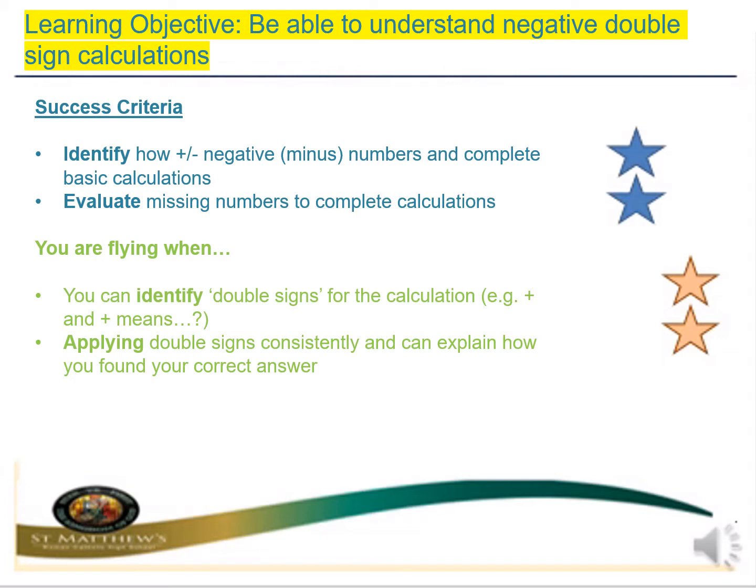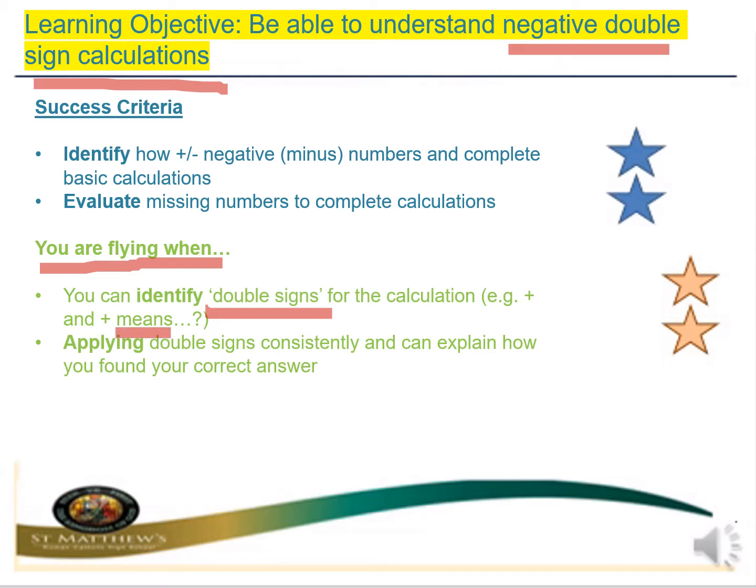Okay, so on to the lesson objective for today. Be able to understand negative double sign calculations. Okay, so we're now on to this where you are flying when you can identify double signs for the calculation, e.g. what does a plus and a plus mean together when we say double the signs?